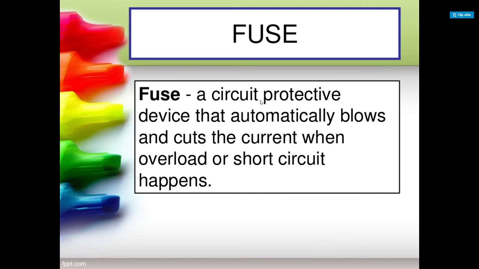When we say overload, you exceed the current carrying capacity of the wire. That is overload already. Like for example, your extension cord can only handle two appliances at a time.